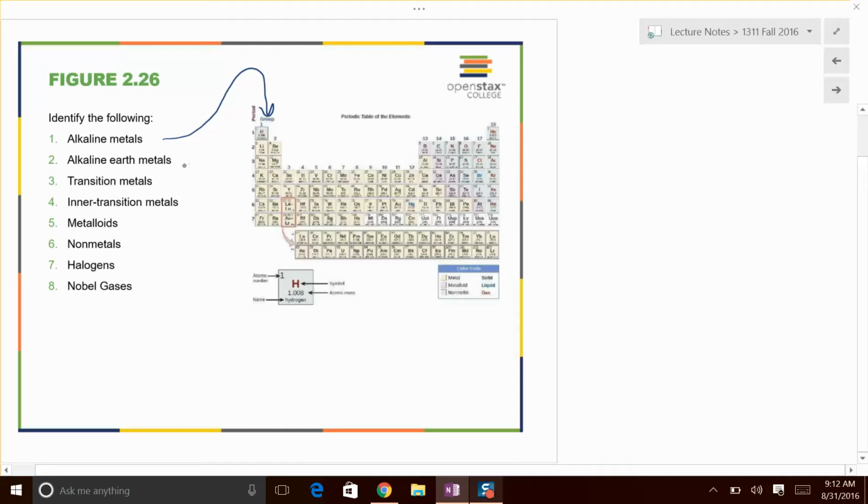The alkaline earth metals are right next to it. They're that second column or group. So if I say alkaline metals or alkaline earth metals, you need to have an idea of what I'm talking about: the first column of the periodic table, not the second.